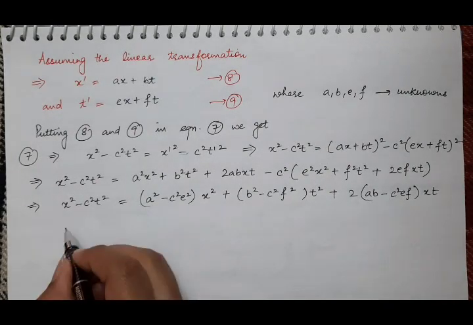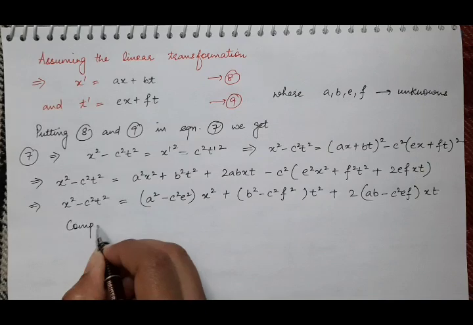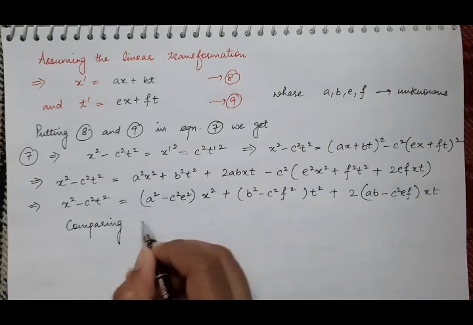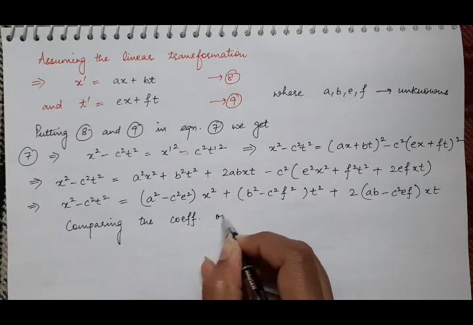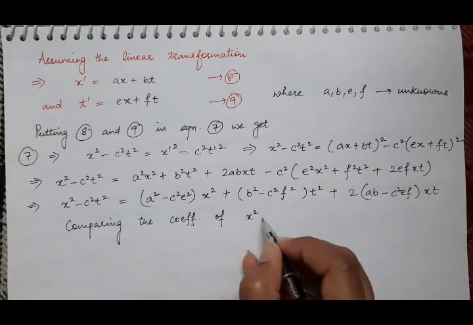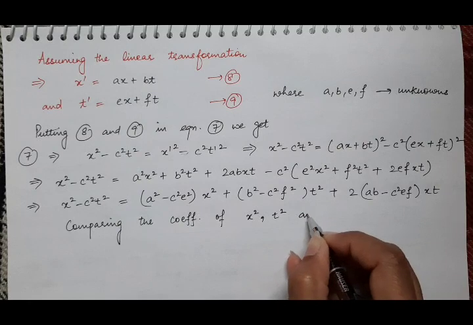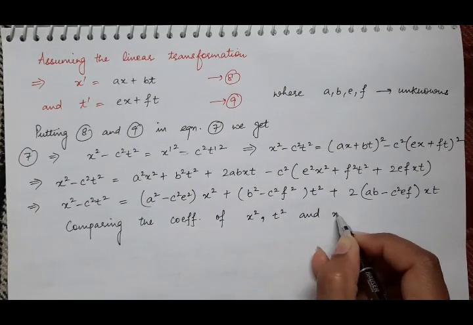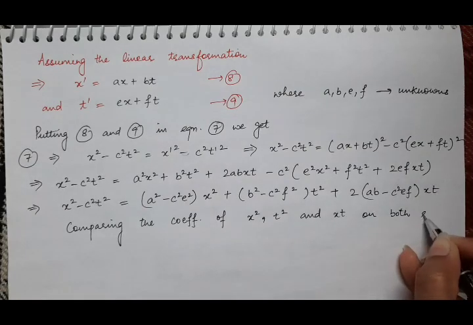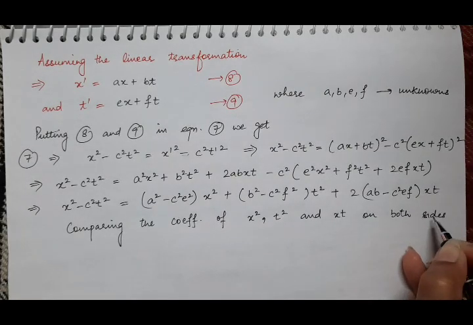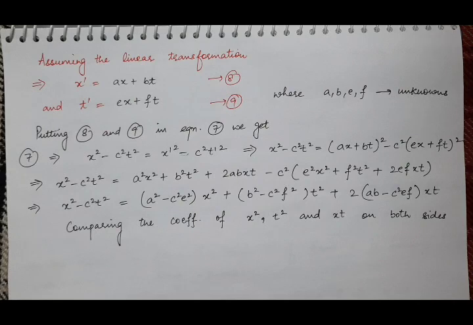So now comparing the coefficients of x square, t square and xt on both sides. What will you get?